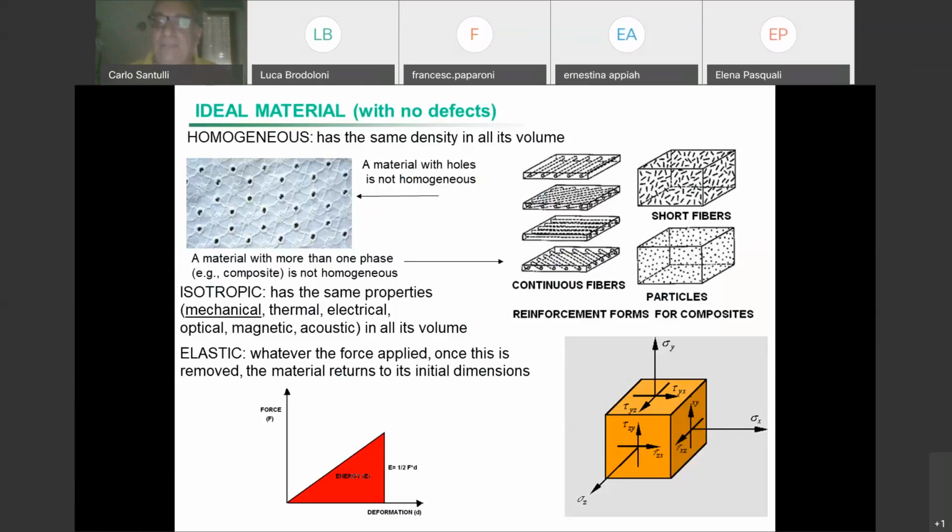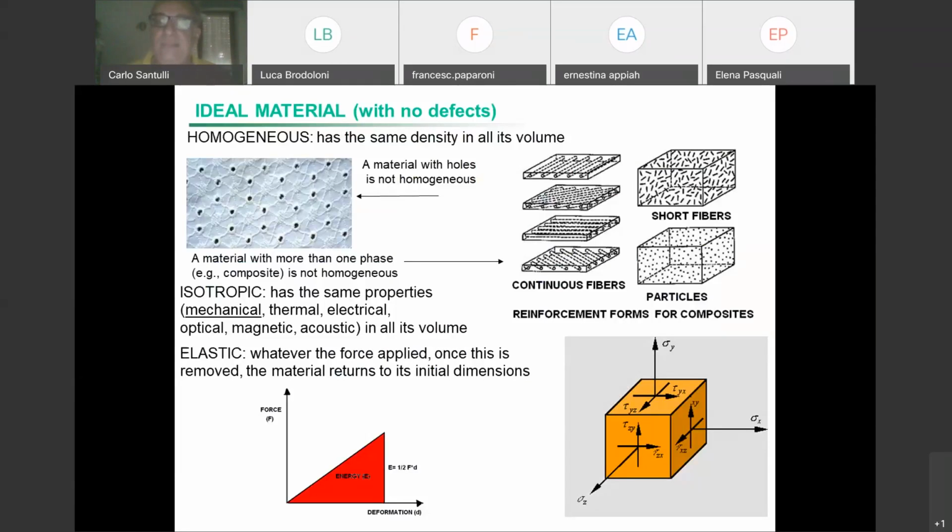For example, carbon epoxy, you have the density of the epoxy resin, and you have the density of the carbon fibers, or particles, or short fibers. They are not very far, the two densities, but they are not the same. So this is not homogeneous.